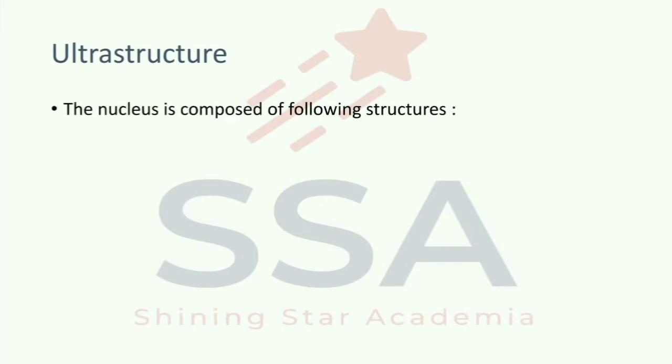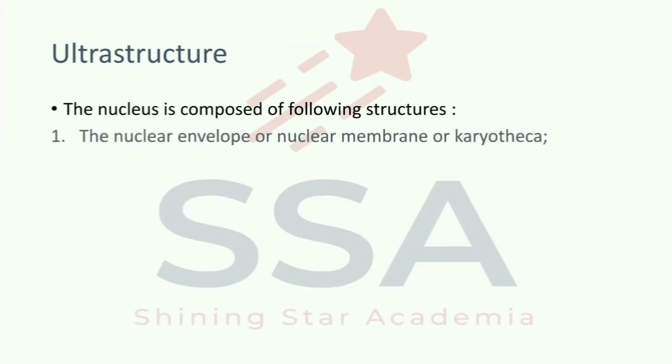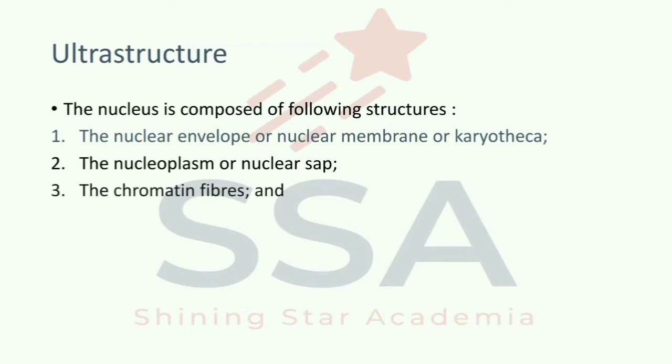The nucleus is composed of the following structures. First is the nuclear envelope or nuclear membrane, also called karyotheca. Second is the nucleoplasm or nuclear sap. Third, the chromatin fiber, and the fourth, nucleolus.